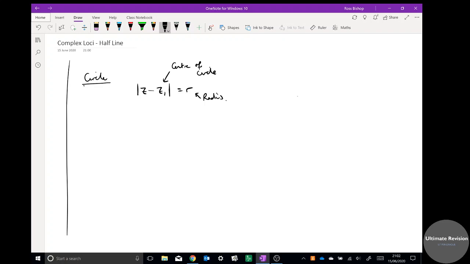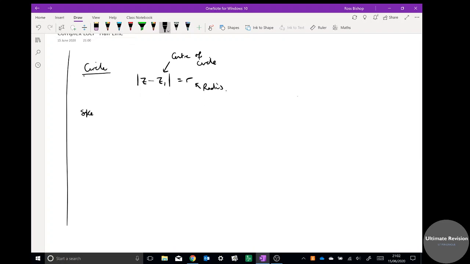Okay, so you might be asked to do something like this. You might be asked to sketch the mod of z minus 5 minus 3i equals 3, and then find the Cartesian. Now to do that, you might want to pause the video, but you need to write it in the top form.